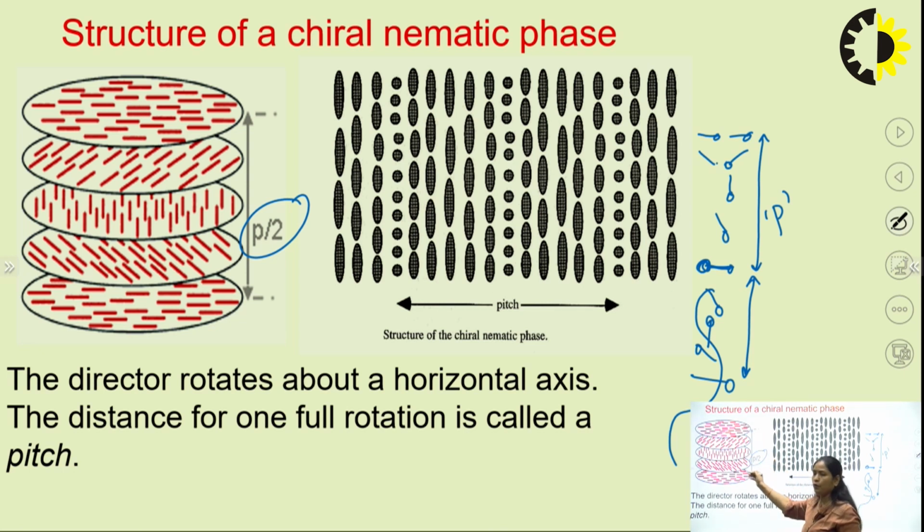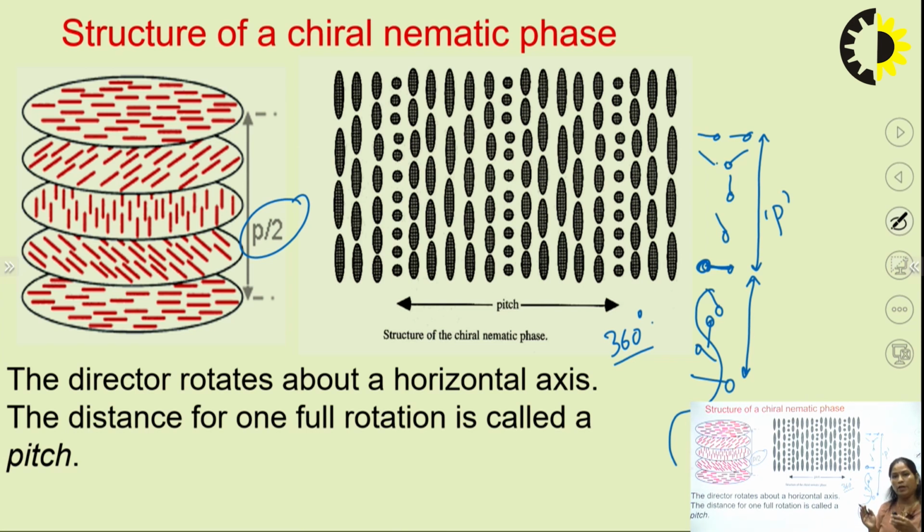And after a few layers are arranged, it has one similar appearance. And after another few layers, it has the same appearance as the first layer. So the rotation of these layers, the angle by which it is rotated, and after 360 degrees of rotation, one full rotation is formed, which is known as pitch length.